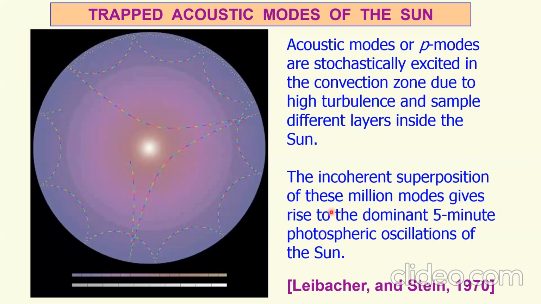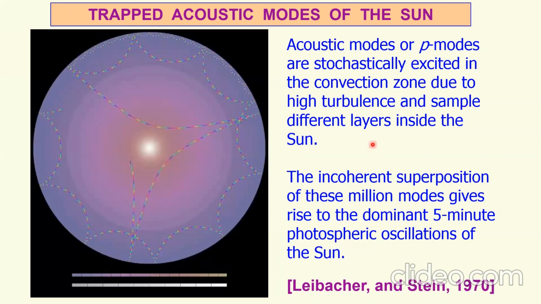But the incoherent superposition of these 1 million modes gives rise to the dominant 5-minute photospheric oscillations of the sun. So that's what we see, the dominant 5-minute oscillations on the surface of the sun, which are happening all the time, everywhere on the sun. So these are global modes of oscillation on the sun.